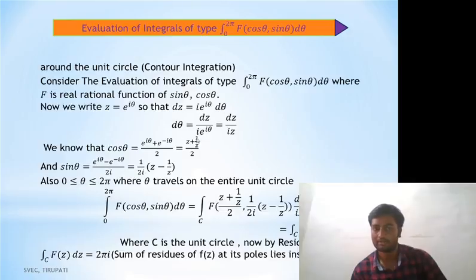These formulas you already know: cos theta equal to e power i theta plus e power minus i theta by 2. e power i theta is z, and e power minus i theta is 1 by z, so cos theta is z plus 1 by z, all by 2. Also sin theta equal to e power i theta minus e power minus i theta by 2i, so 1 by 2i into z minus 1 by z. So your contour is the circle, 0 less than or equal to theta less than or equal to 2 pi. Now your cos theta is changed like this, sin theta is changed like this. Totally it is the integral over c of f of z dz. Again you use the residue theorem. It is very easy.